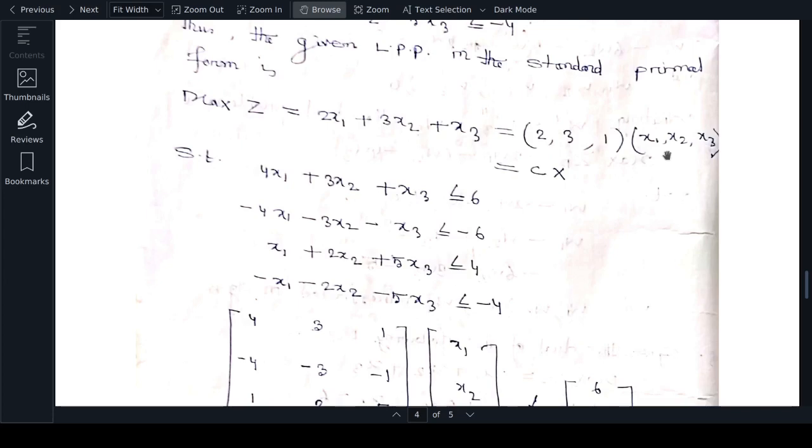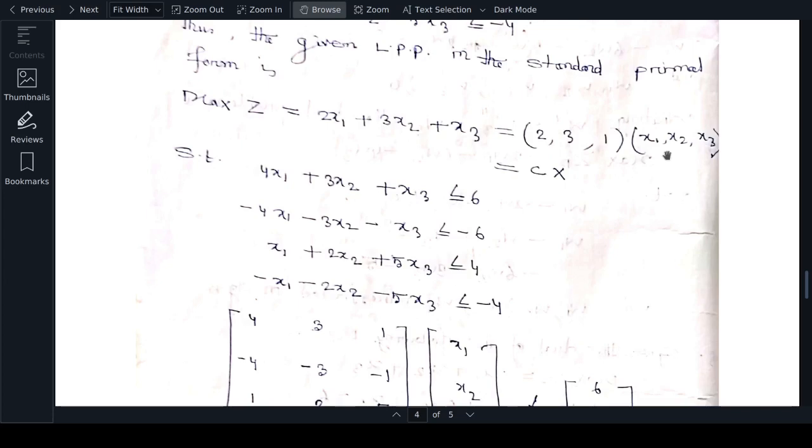The dual of the given problem: our problem is maximization, so its dual will be minimizing zd. Then you interchange the coefficients of the objective function and the constants of the constraints. The constants of the constraints are 6, minus 6, 4, minus 4, so we write 6, minus 6, 4, minus 4.